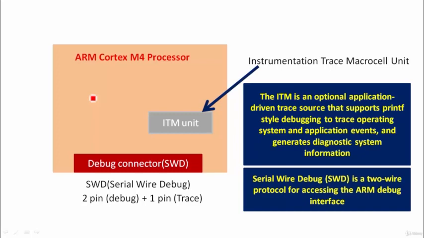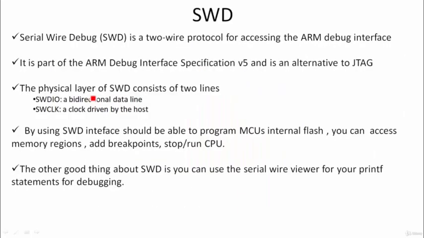SWD stands for Serial Wire Debug, which is a two-wire protocol for accessing the ARM debug interface. SWD works over the SWD connector, which has 3 pins, in which 2 pins are used for debug and 1 pin is used for trace. Trace means getting the trace related information from the processor. Let's explore some more points about the SWD debug interface.